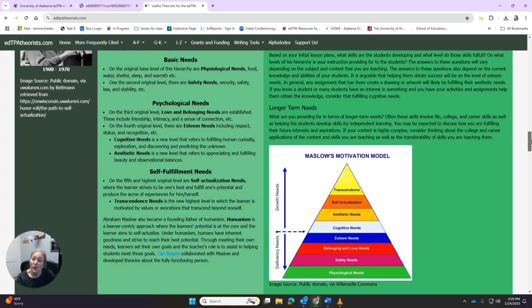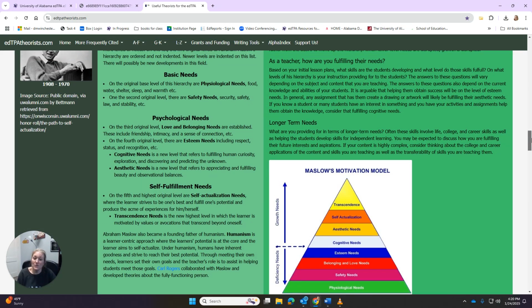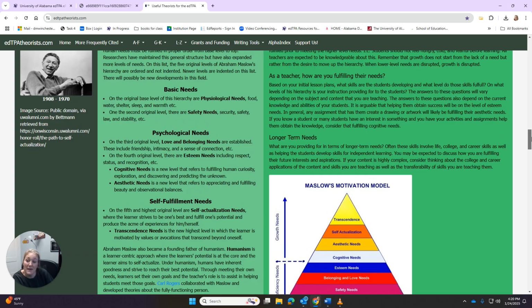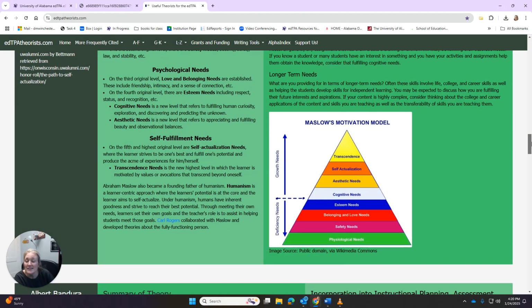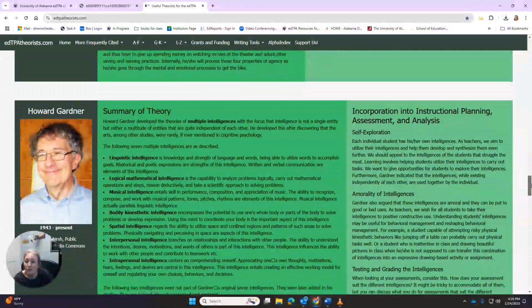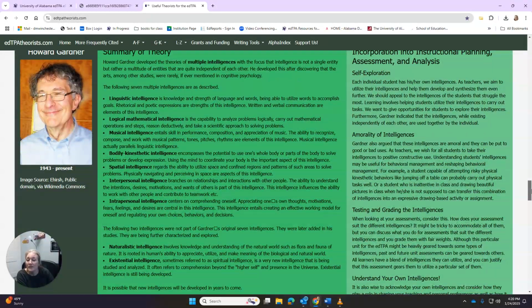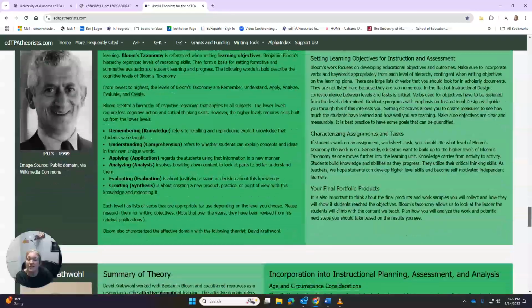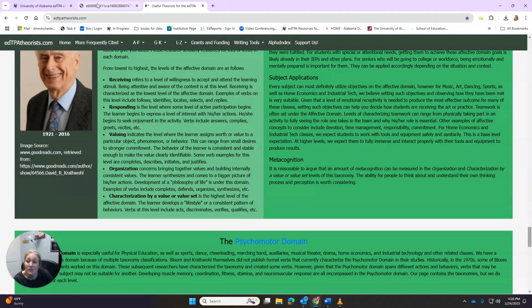If you are wanting to talk about those basic needs and self-fulfillment, then here's Maslow. So you can go through this, and this is going to be really helpful in answering prompt 3.